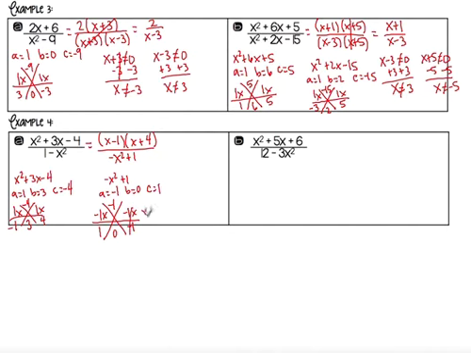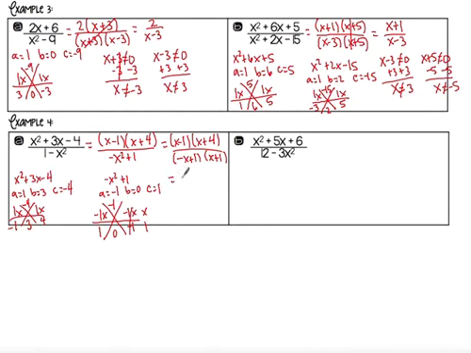This would cancel and become x over 1 because my negatives would cancel. And so that's going to give me x minus 1 times x plus 4 over negative x plus 1 times x plus 1. Now notice that this one's kind of similar.